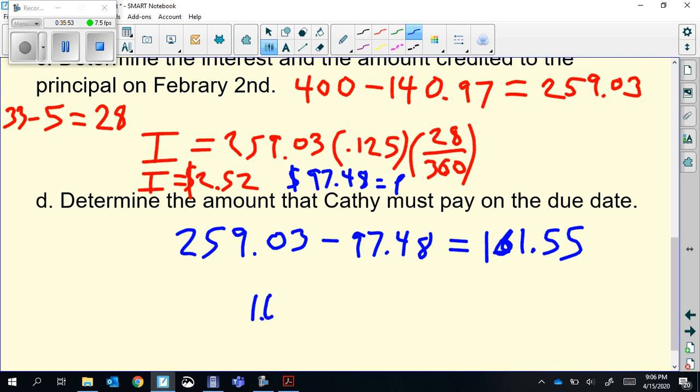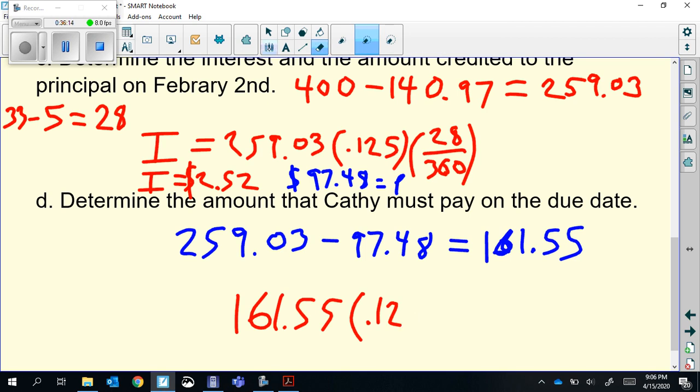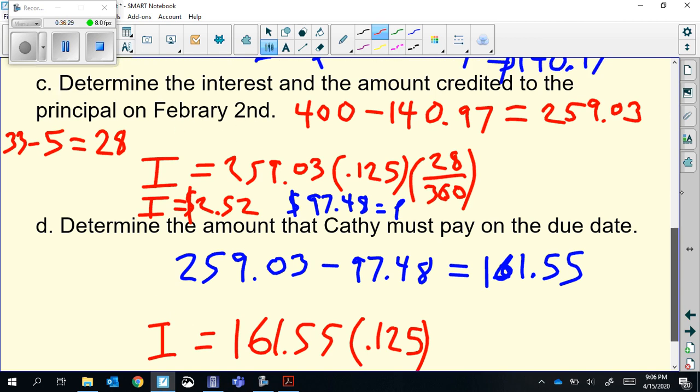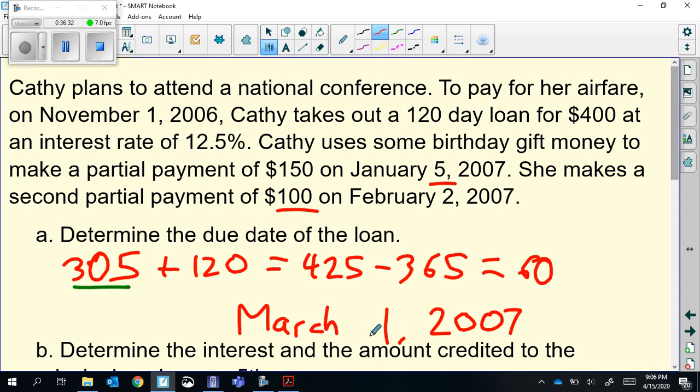So that is our principal now, 161.55. The rate is still 12.5. And we got to figure out the time from February 2nd until the due date, which was March 1st.